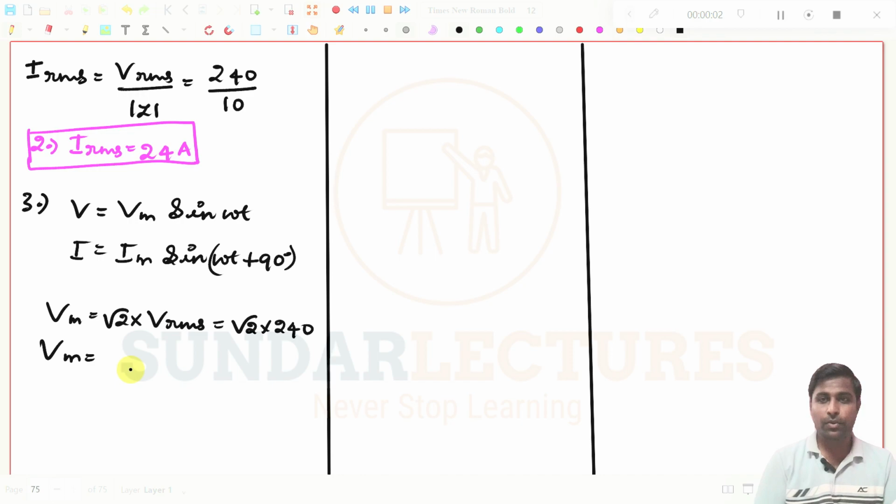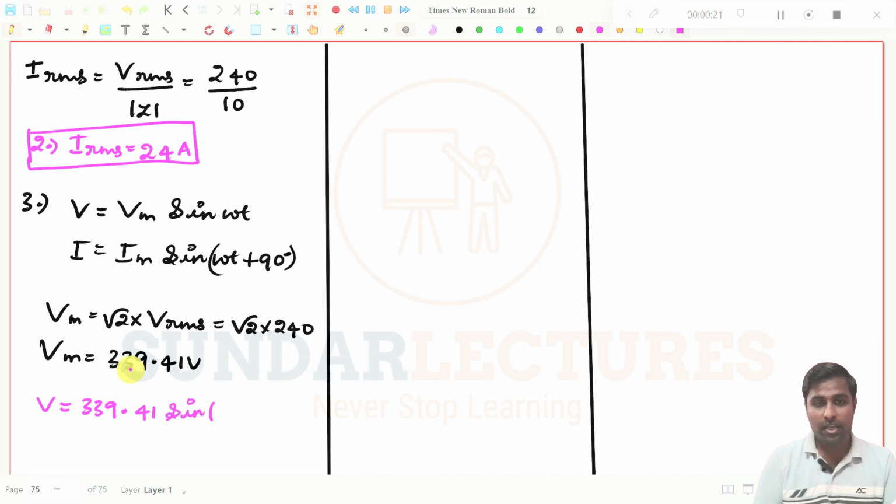This value comes out to be 339.41 volts. This is the final value. So how can we write this expression now? V will be equal to 339.41 sine of omega t. I can write it like this.